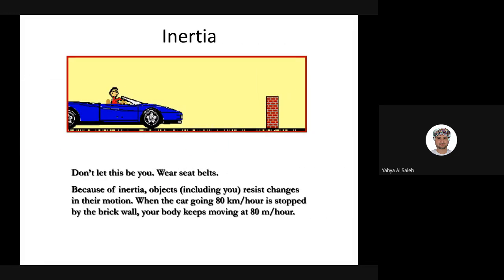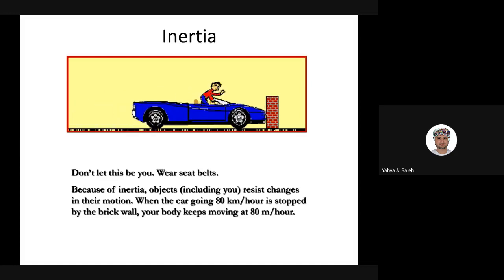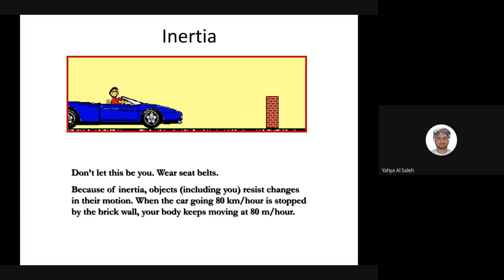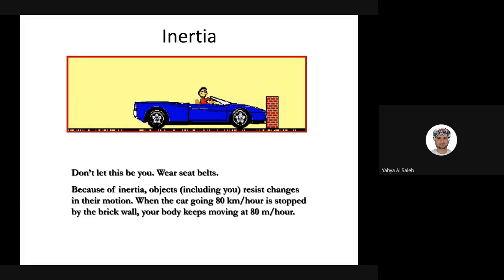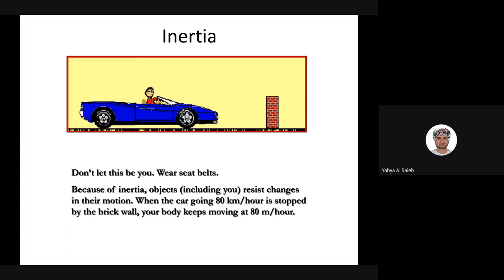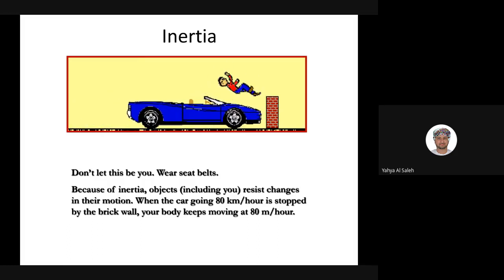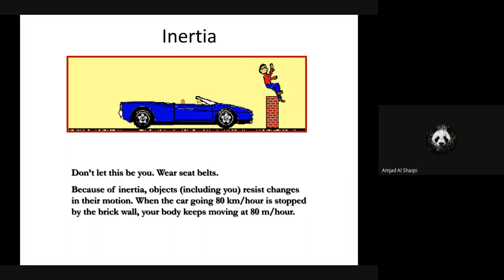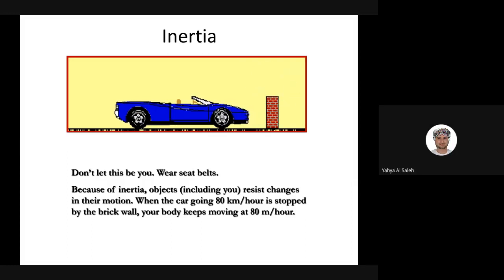Okay, what is the example of inertia? Because of inertia, say you are in a car, you're driving at 80 kilometers per hour. السيارة تدعم لا سمح الله في جدار. The force from the wall is on what? On the car. The force is on the car, right?